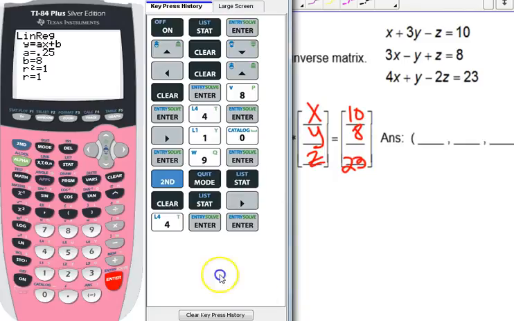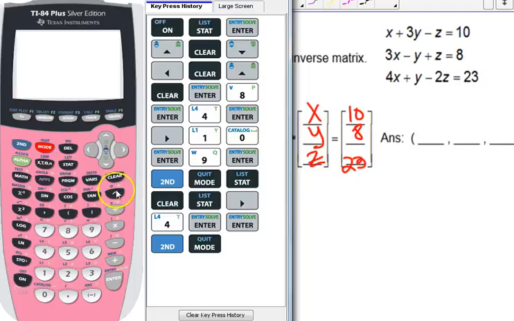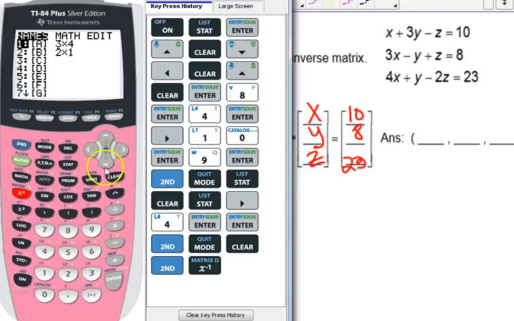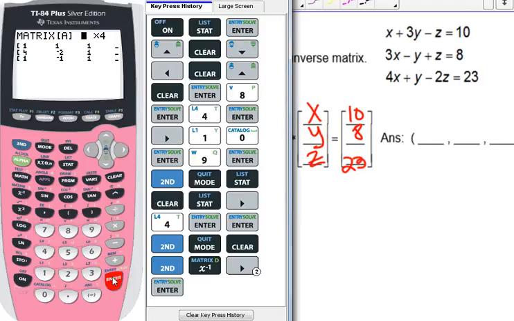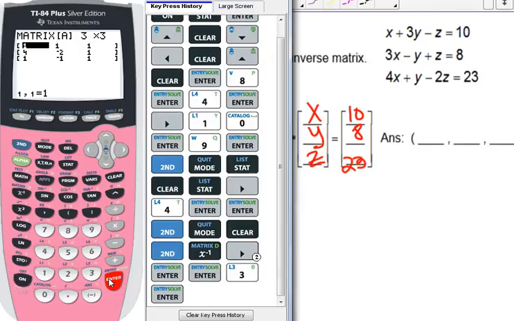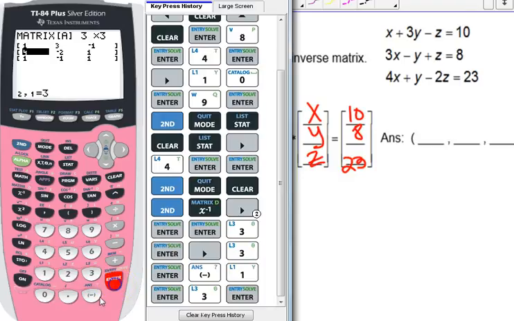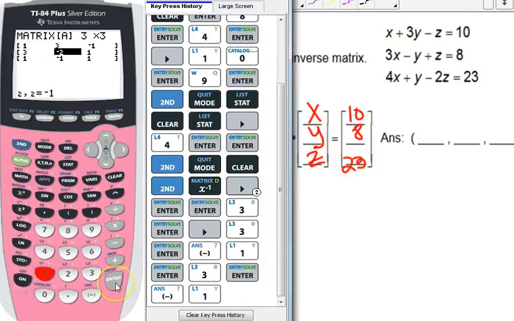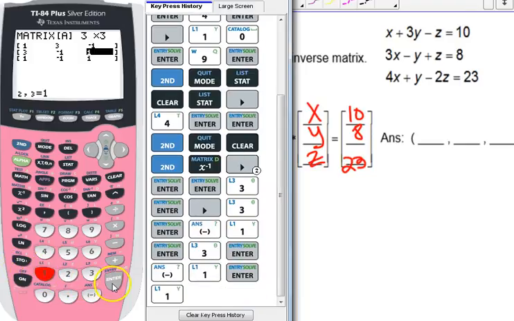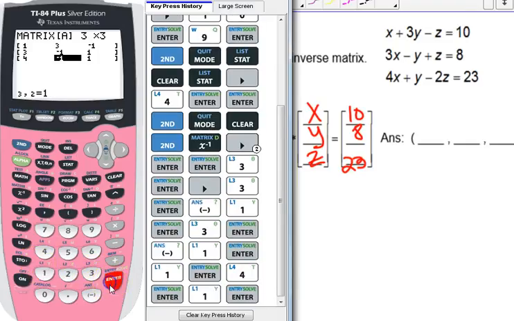Now what you're supposed to do for this question is go into matrix and put in matrix A, the square matrix, which is a 3 by 3, and it should be 1, 3, negative 1, 3, negative 1, 1, 4, 1, negative 2.